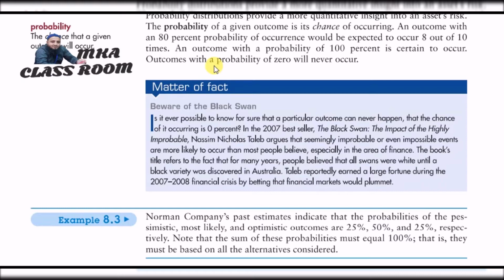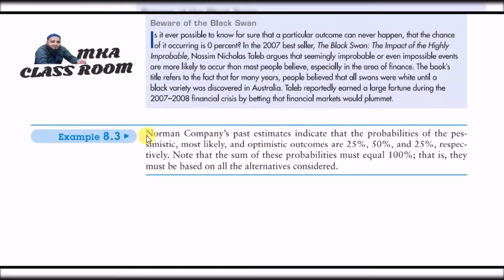Now here we will try to discuss examples of the risk measurement process. Norman Company's past estimates indicate that the probabilities for the pessimistic, most likely, and optimistic outcomes are 25%, 50%, and 25% respectively. Notice that the sum of these probabilities must equal 100%.